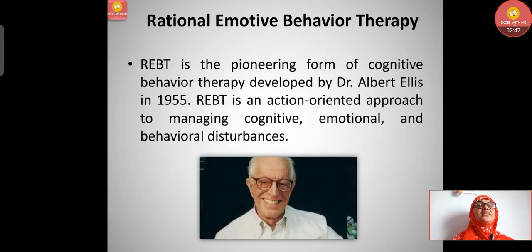Now let's understand what is REBT, that is, rational emotive behavior therapy. REBT is the pioneering form of cognitive behavior therapy developed by Dr. Albert Ellis in the year 1955. REBT is an action-oriented approach to managing cognitive, emotional and behavioral disturbances.